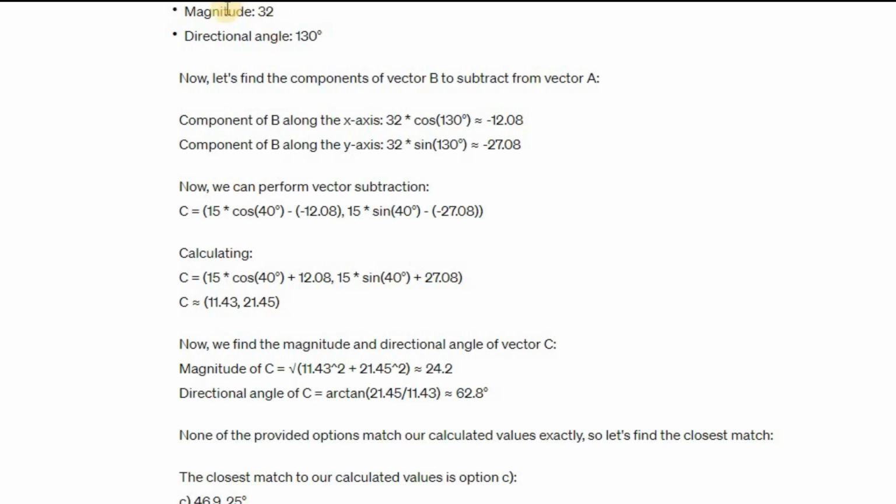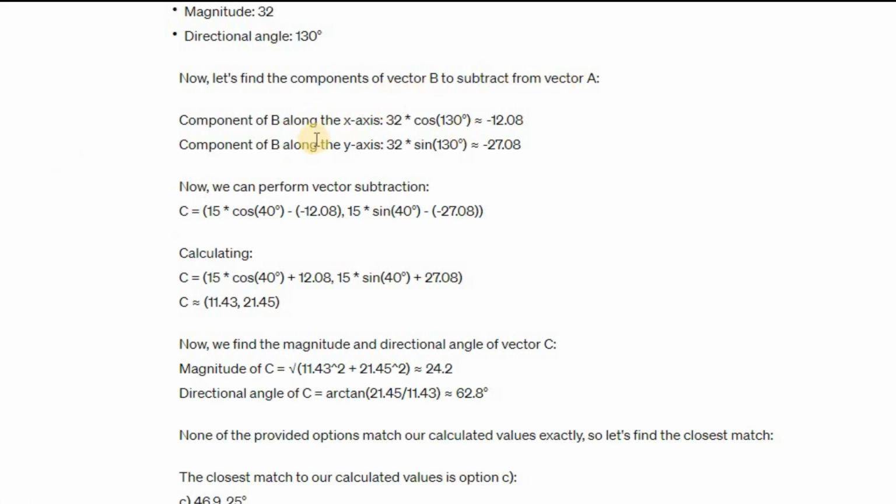Vector B: magnitude 32, directional angle 130 degrees.